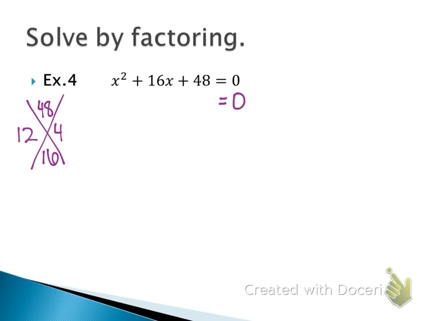So like I said, it might help if you have your factor sheet out today, since we are going to do a lot of factoring. So once we've got our 12 and our 4, we have to write that as a multiplication problem. And I don't mean 12 times 4, I mean set up our parentheses.